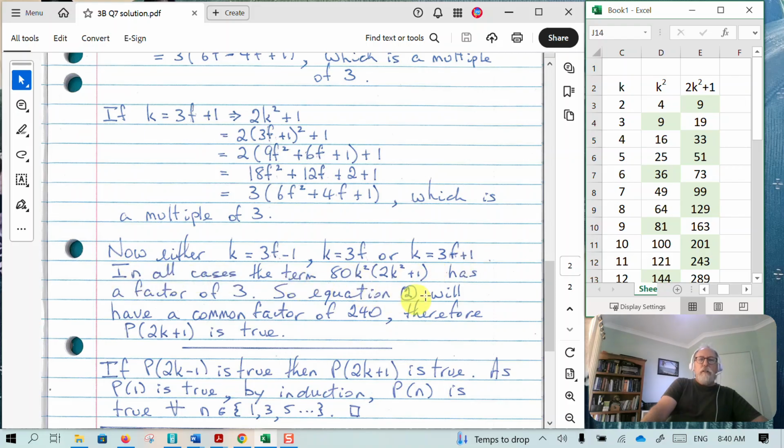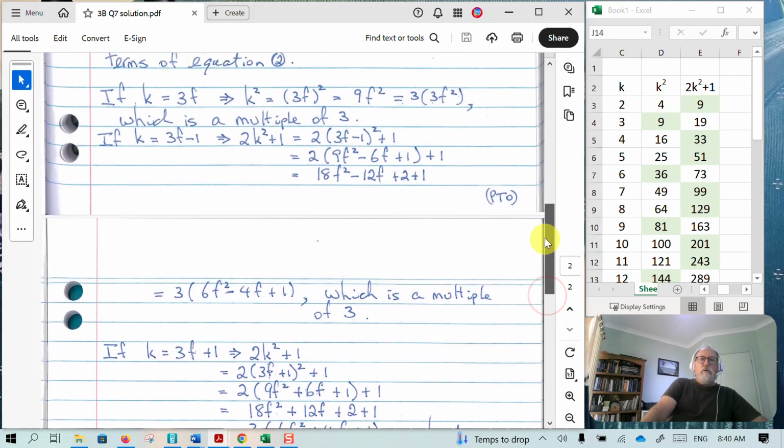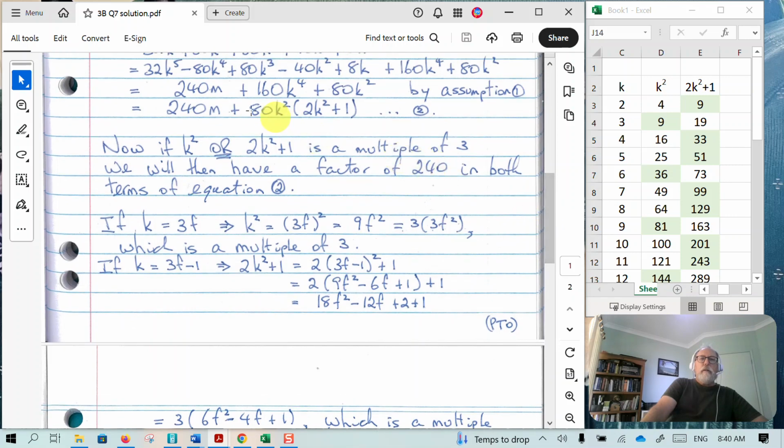In all cases, this term had a factor of 3. So our equation, which I labelled 2 back up here, there would be a multiple of 3 in this part of the equation, no matter what the value of k. Either this part is a multiple or this part is a multiple.